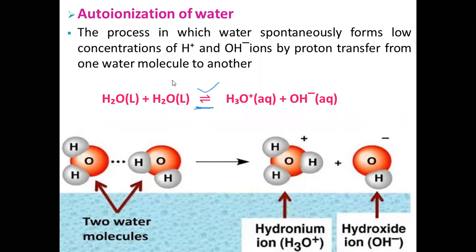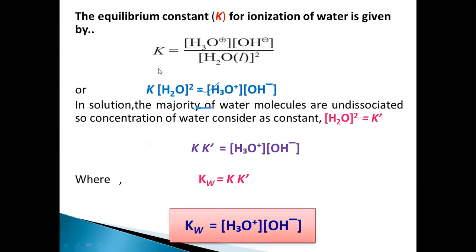Because of this reversible arrow, we can write the equilibrium constant for the ionization of water, right? How do you write the ionization constant equation? Concentration of product upon concentration of reactant. The equilibrium constant is the ratio of the concentration of product to the concentration of reactant.